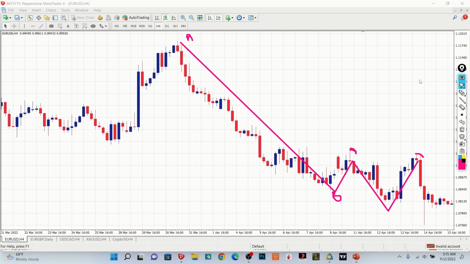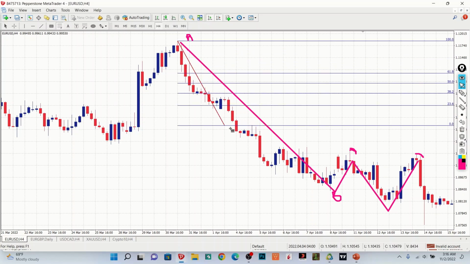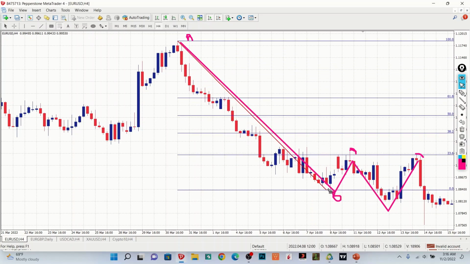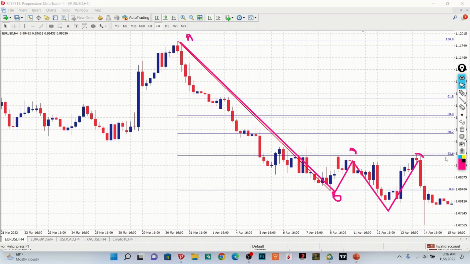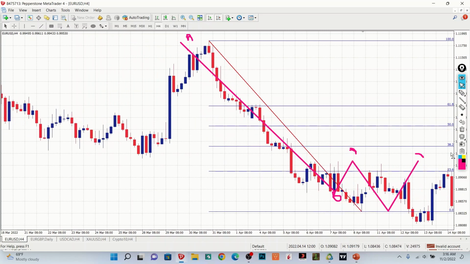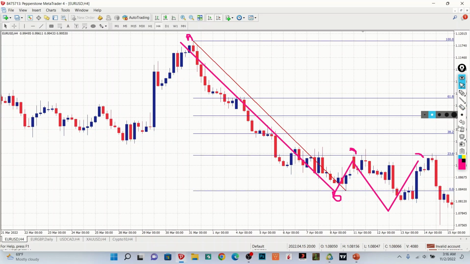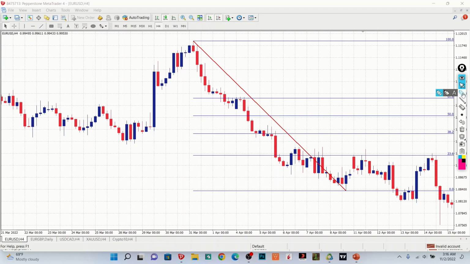Okay, so we shall get our Fibonacci retracement, swing to this point, and then we see that that was at 23.8% right here. And that is an extension level.